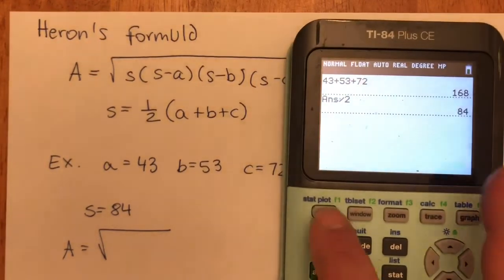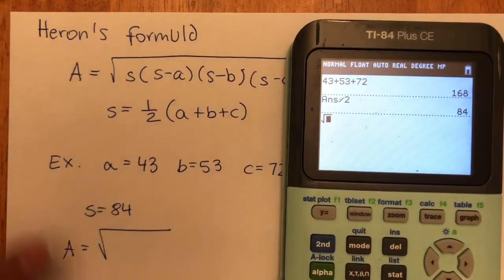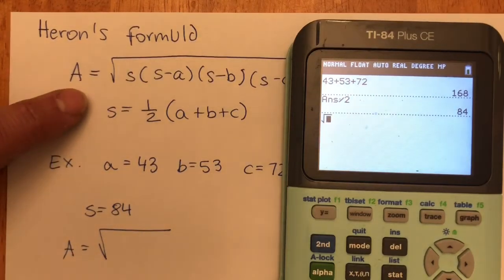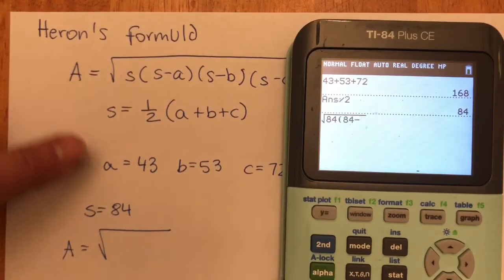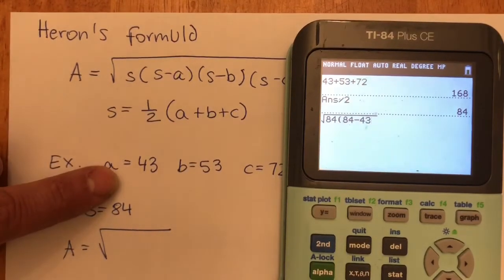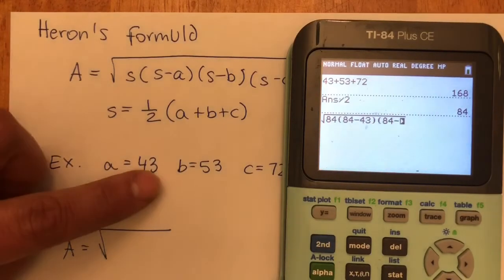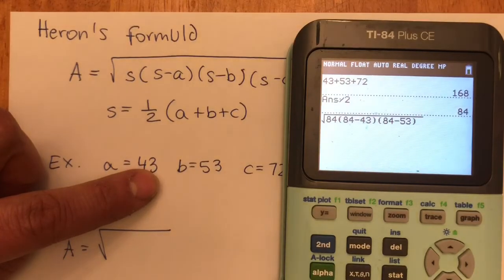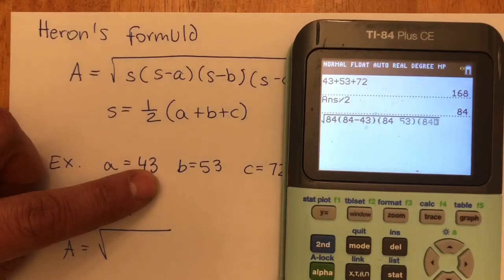But if you have a graphing calculator, here we go, square root of 84, and then in parentheses, 84 minus 43 times 84 minus 53 times 84 minus 72.